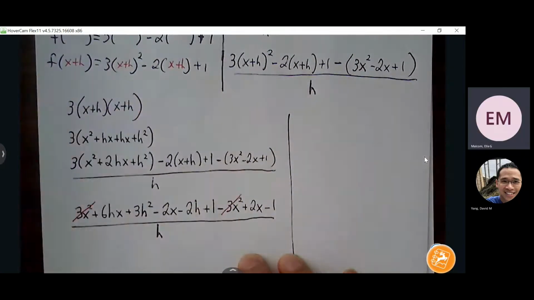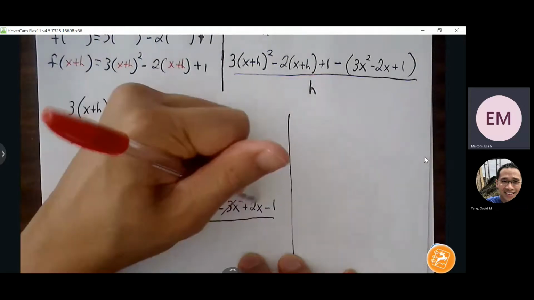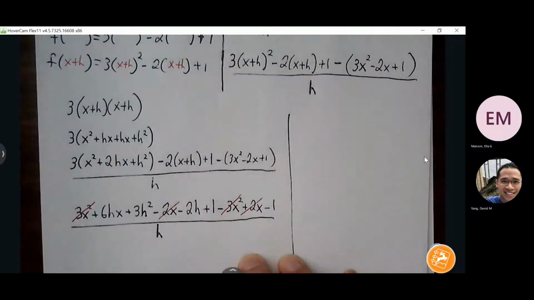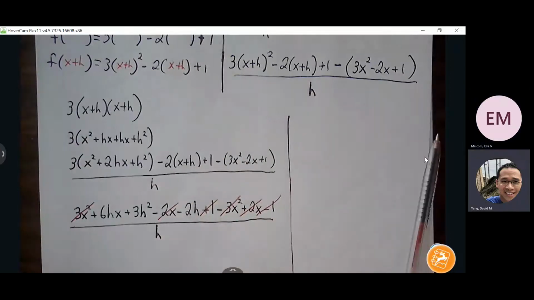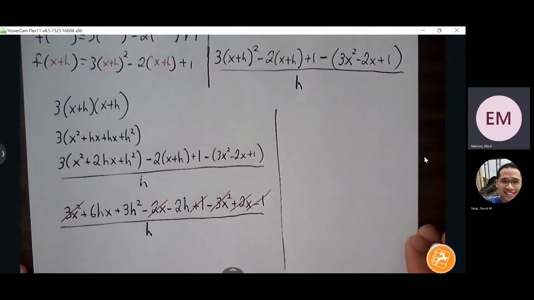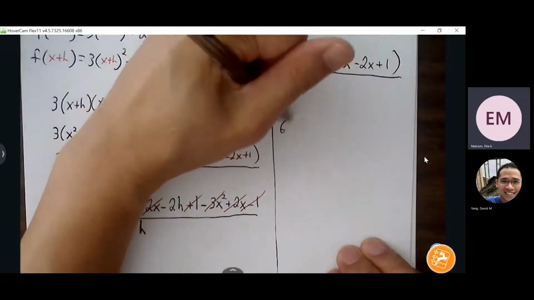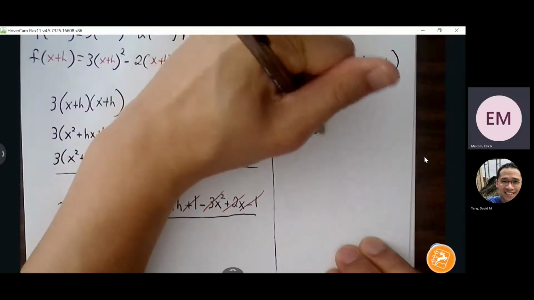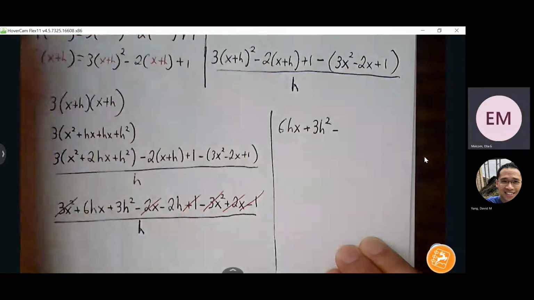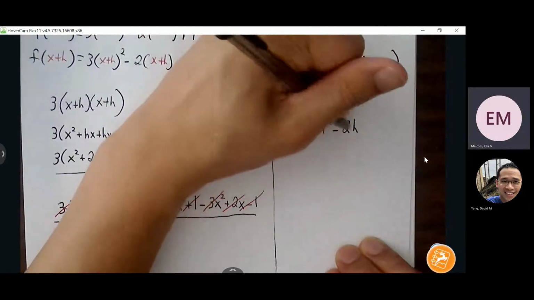Negative 2x plus 2x can cancel out. 1 minus 1 can cancel out. So we're left with 6hx plus 3h squared minus 2h over h.